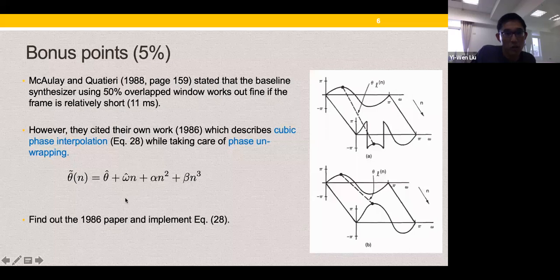Omega denotes the estimated frequency, and we do that by quadratic interpolation, fitting a parabola. So this can be given by looking at the spectrum. But then how do you exactly figure out the coefficients alpha and beta so that your phase update for every sample, where n really denotes the time samples, integers, right?